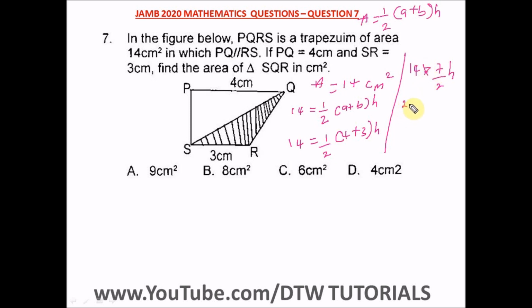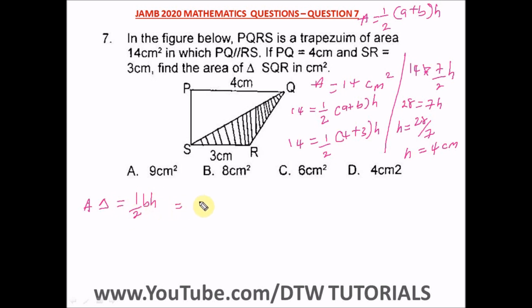So you have 28 equals 7h. So if you make h the subject of the formula, you have 28 over 7. So our height is equal to 4 centimeters. So now we found the height of the shape. Now we go to solve for the area of this triangle, and remember that the area of a triangle is equal to half base times height.